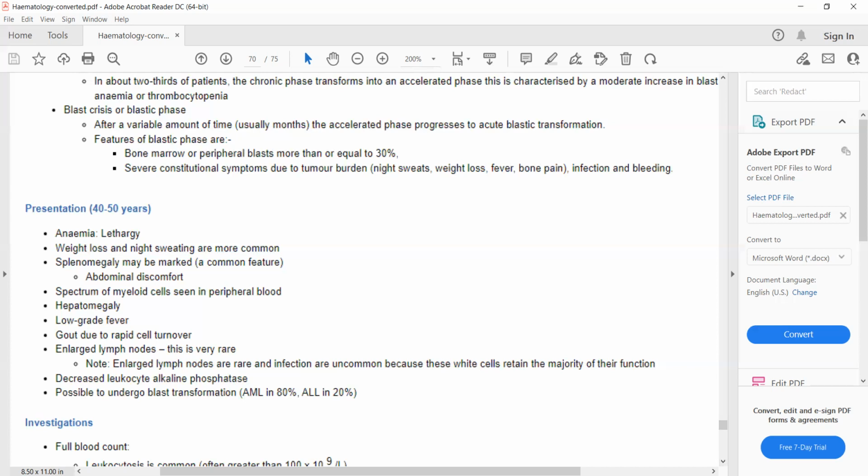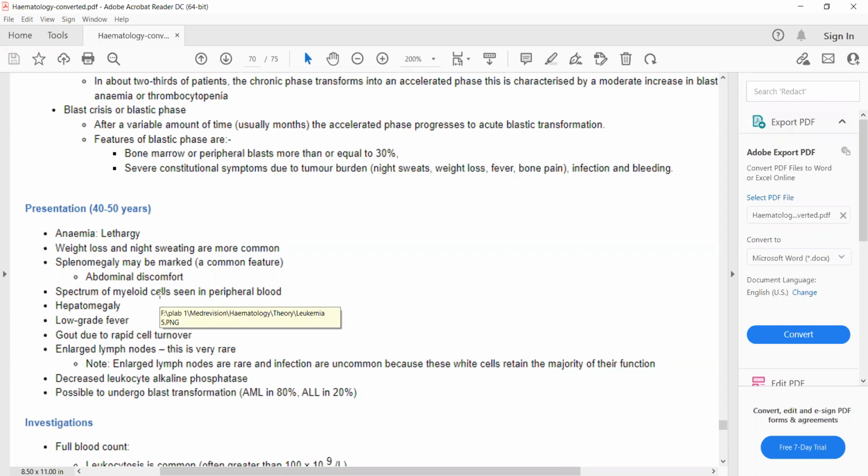Now this point is important: a peripheral blood film in case of CML will show a spectrum of myeloid cells, and myeloid cells include neutrophils, eosinophils, and basophils. Spectrum means all stages of maturation will be present.